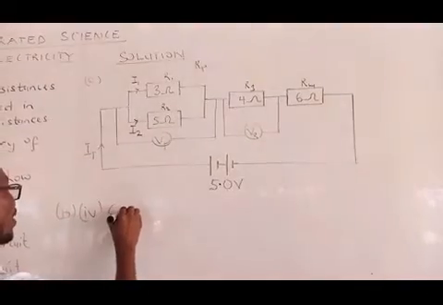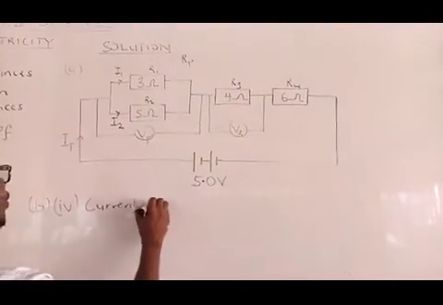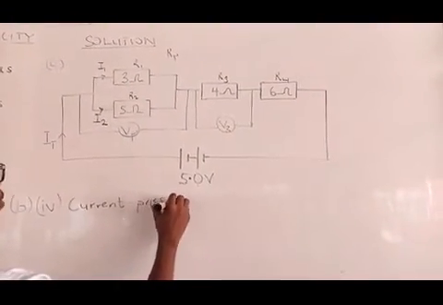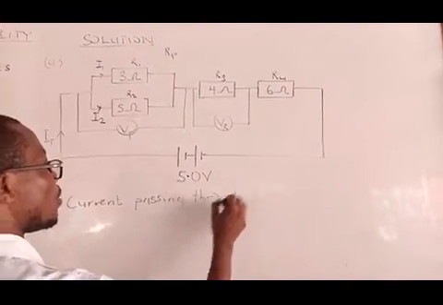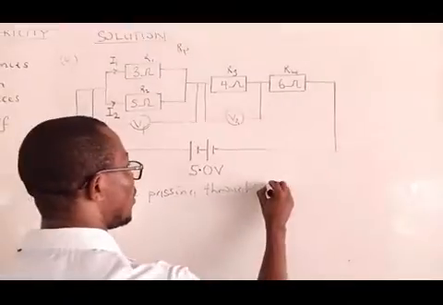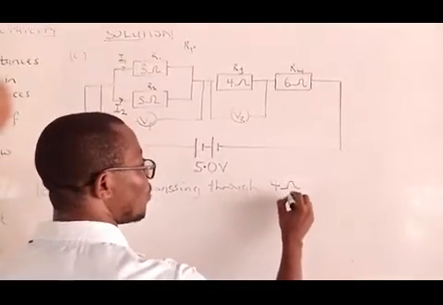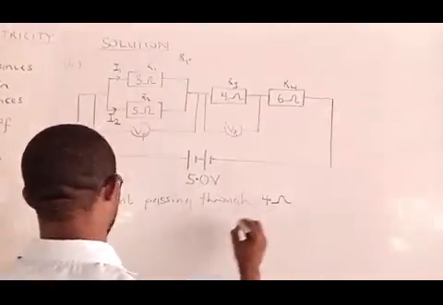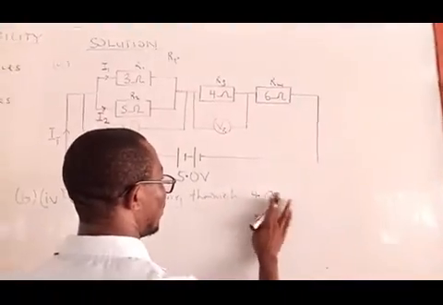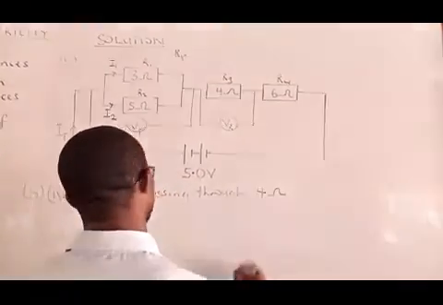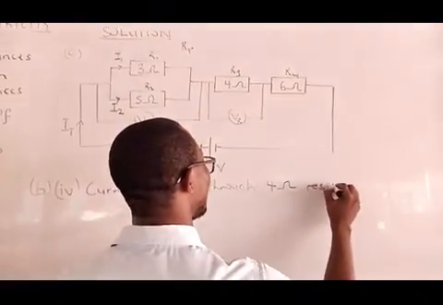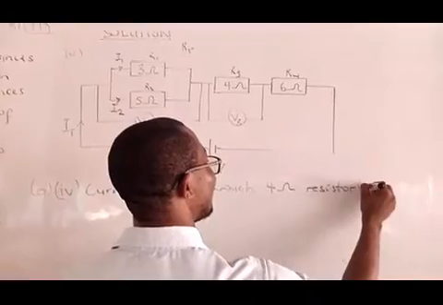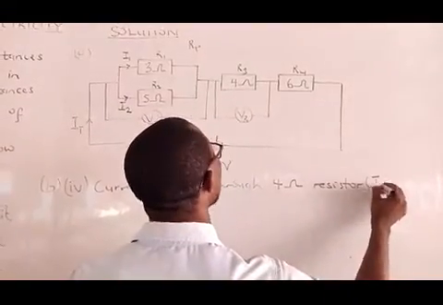So current passing through the 4 ohm resistor.